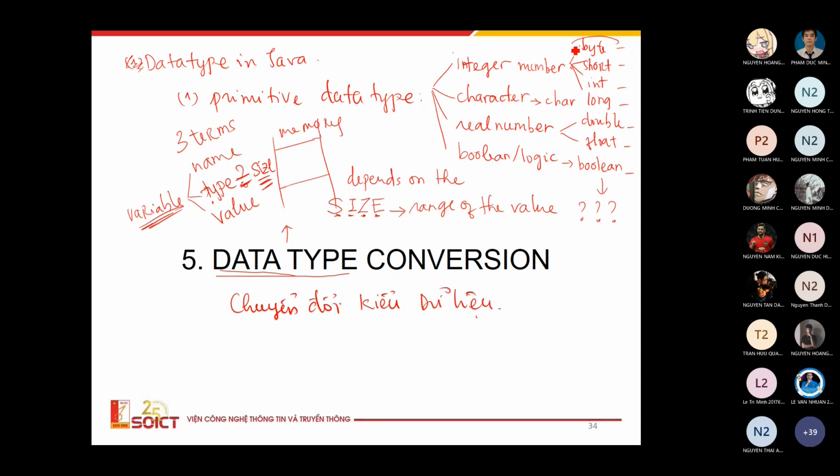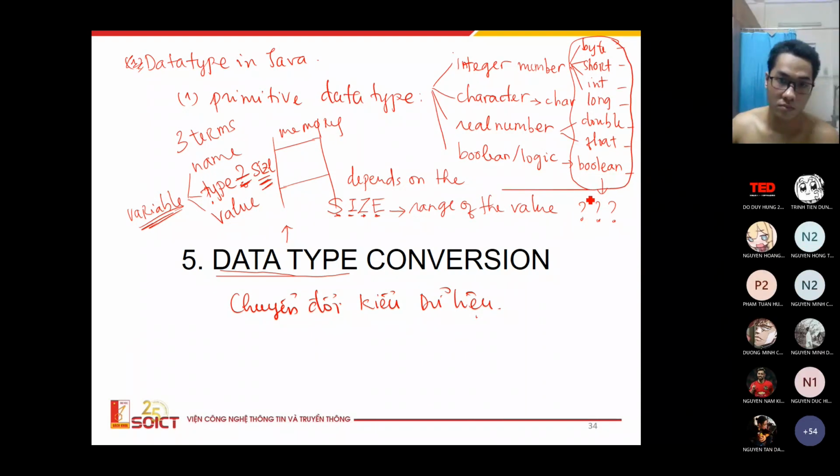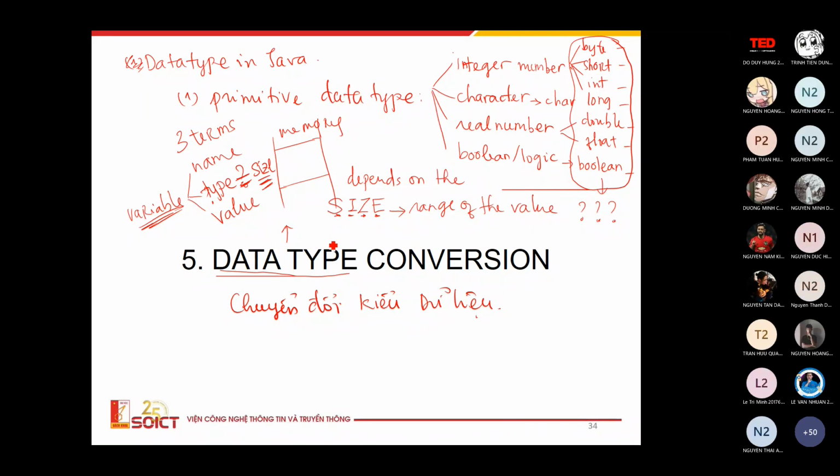And this data type here different from each other by the size in the memory. Is this okay? So please remember, we talk about the data type mean we talk about the size of the variable in the memory, and mean we talk about the range of the value for this variable.